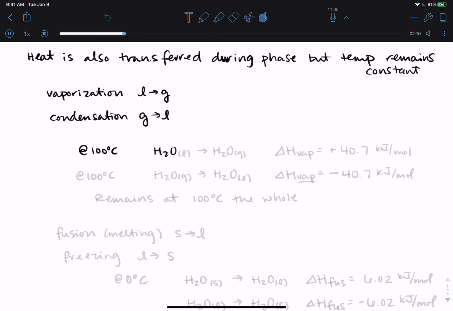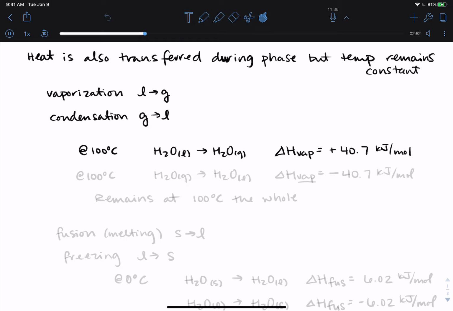If we are doing vaporization, liquid to a gas, the amount of heat, at constant pressure, so we're going to call it enthalpy, that you have to put in to separate those molecules and get them far apart so that they're in the gaseous state, we call it the delta H of vaporization, and that is equal to a positive, because we have to put heat in, right? So the molecules have to absorb it, 40.7 kilojoules per mole. That's huge.